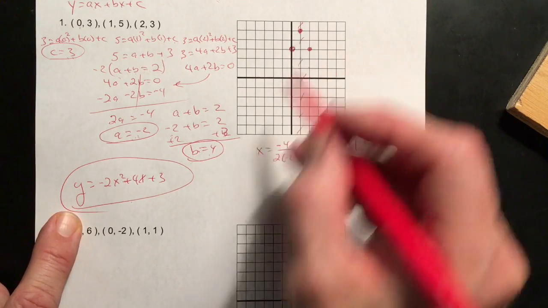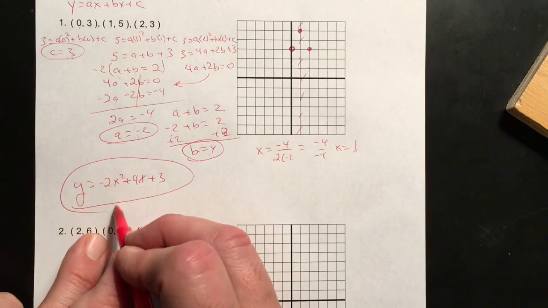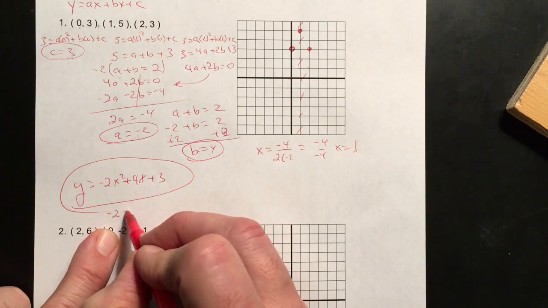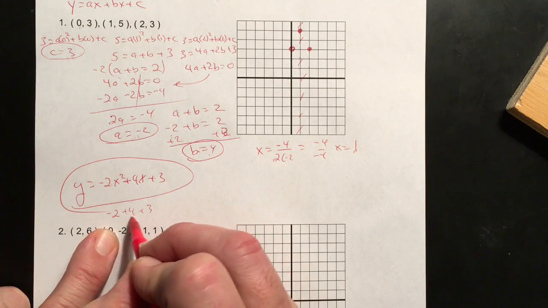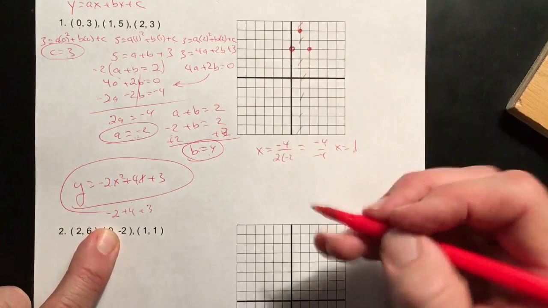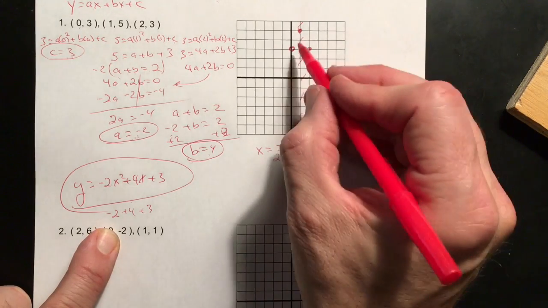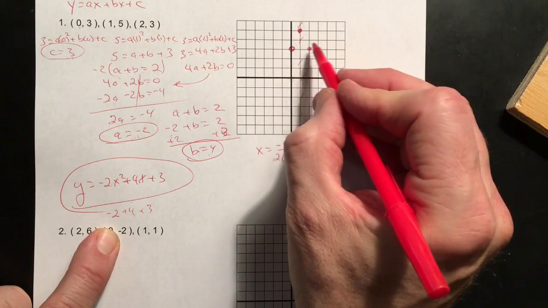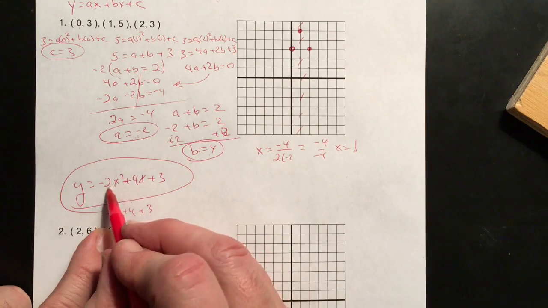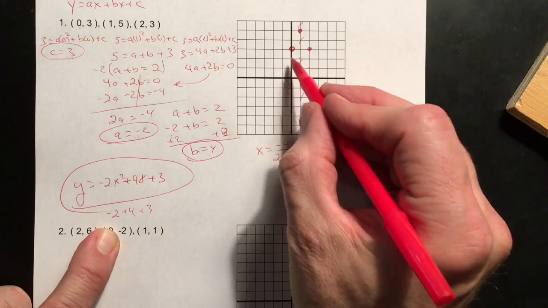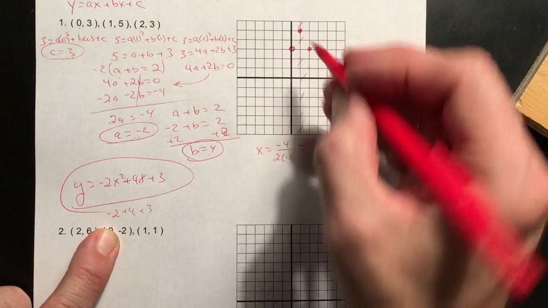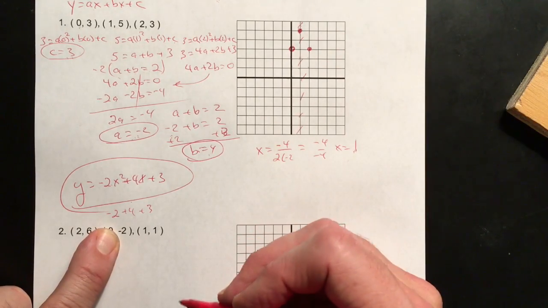Let's see. Put a 1 here, you get negative 2. Put a 1 here, you get a 4 plus a 3. That's 7 minus 2 is 5. Yeah, that worked out. If I put a 0 in, I should get this point, and it should mirror across this. So putting 0 in here, these cancel out. It's just 3. 0, 3. You mirror across. So these points are on the graph. There you go.